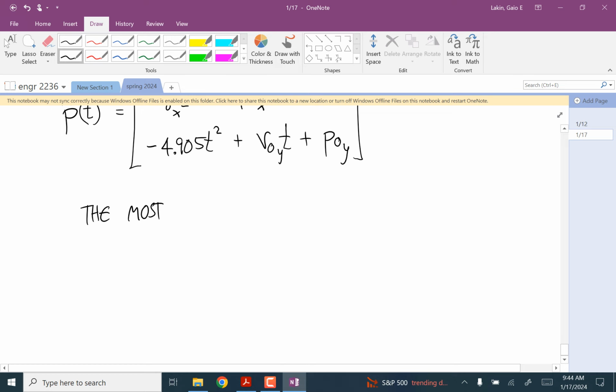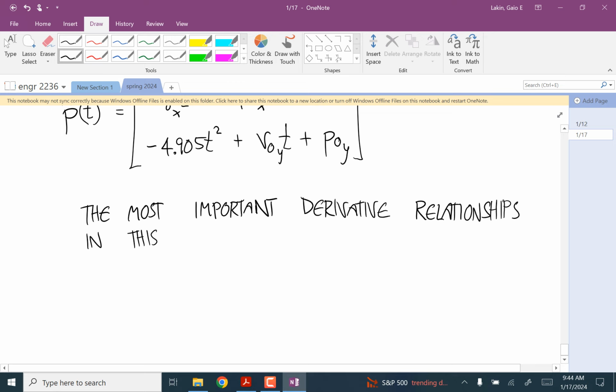So here are the most important derivative relationships in this class. Okay, so the first one is that the velocity vector is the time derivative of the position vector.